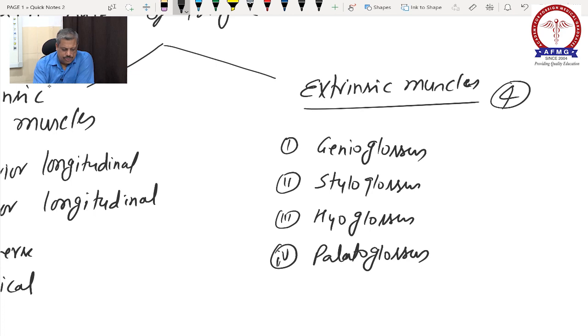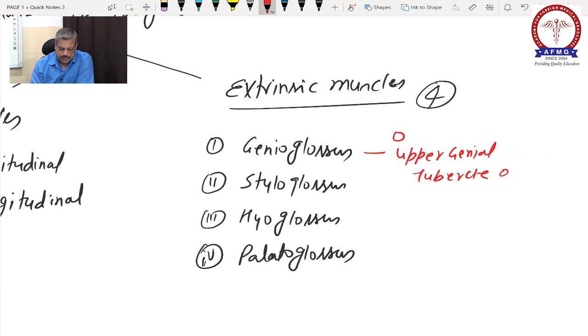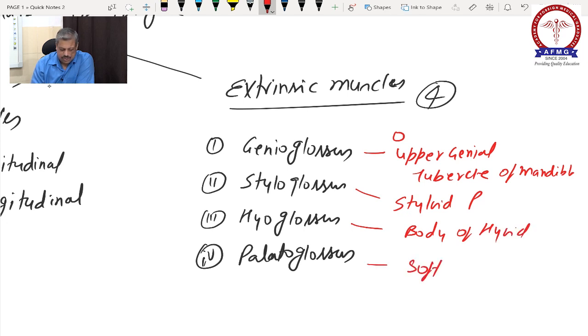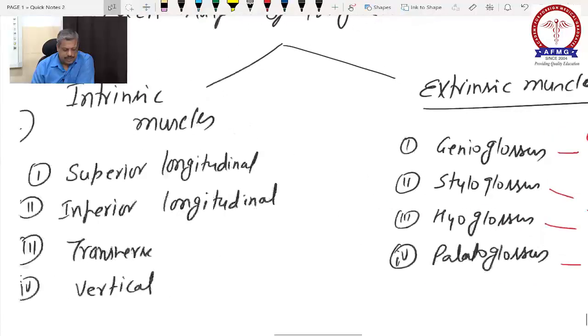And read the names: genioglossus gives information regarding origin. Genioglossus takes origin from the upper genial tubercle of the mandible. Styloglossus takes origin from the styloid process. Hyoglossus takes origin from the body of the hyoid bone, and the palatoglossus comes from the soft palate. Clear? Palatoglossus is a muscle of the soft palate also. So these are the 4 extrinsic muscles and these are the 4 intrinsic muscles.